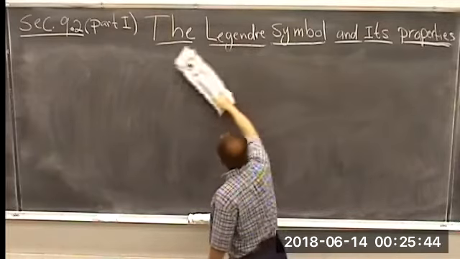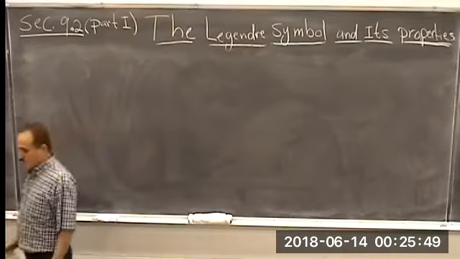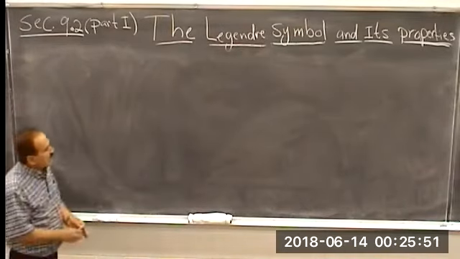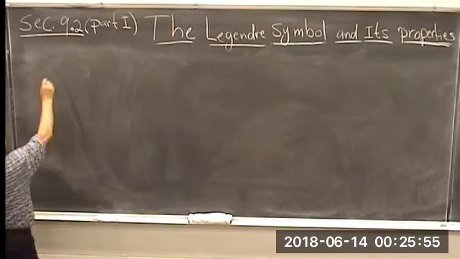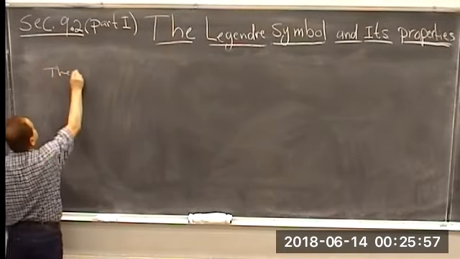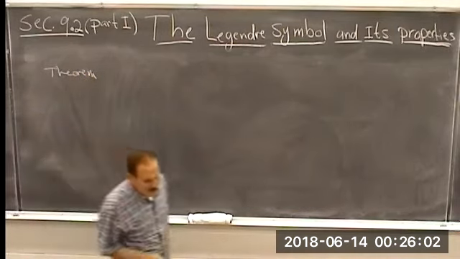We're going to see the proof is nicer and more straightforward using the quadratic reciprocity and the Legendre symbol. So this is theorem 9.3.